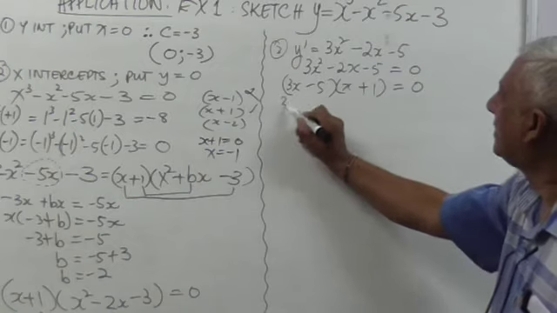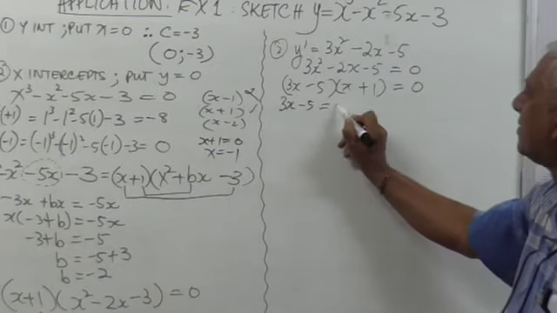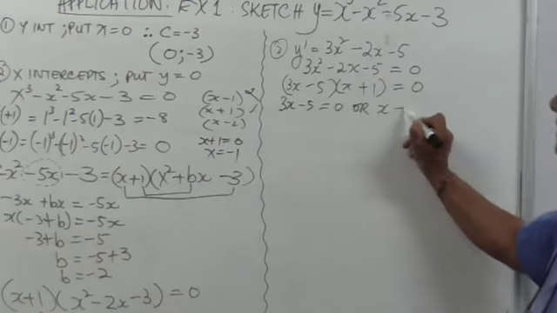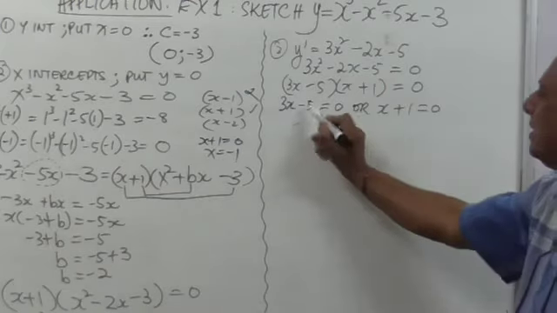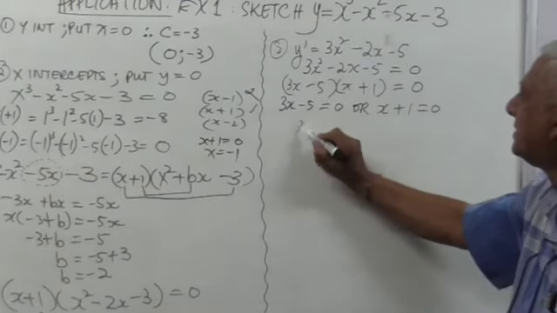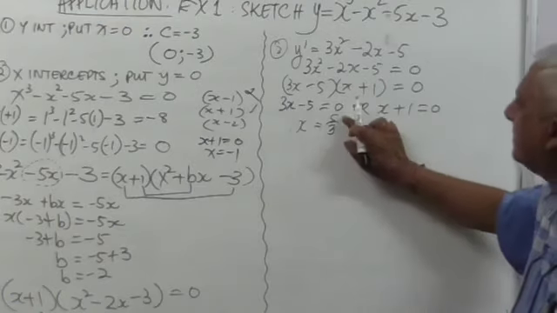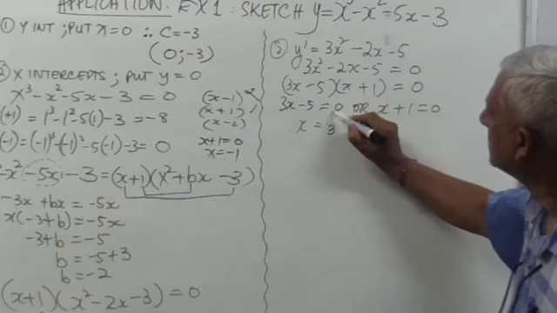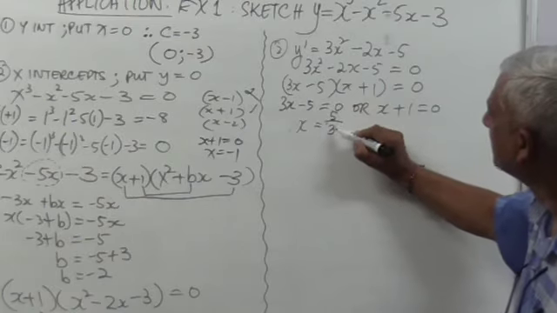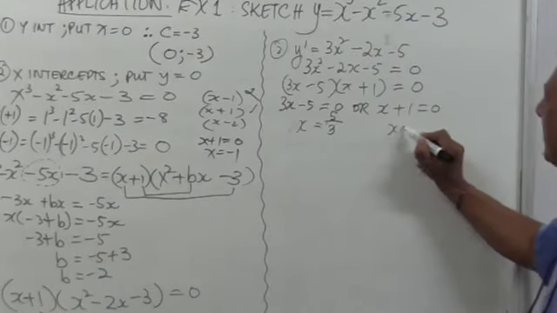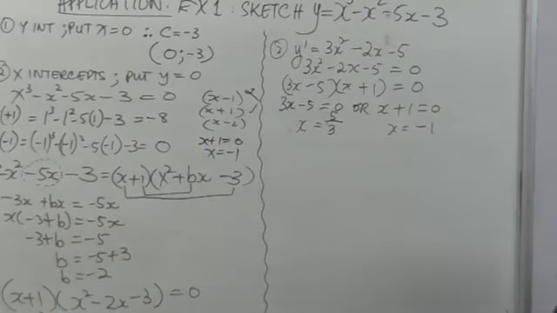Then 3x minus 5 is equal to 0 or x plus 1 is equal to 0, which gives x is equal to 5 over 3 and x is equal to minus 1.